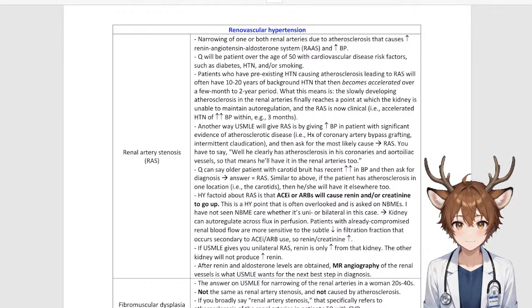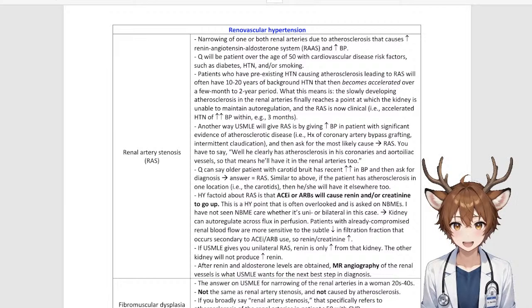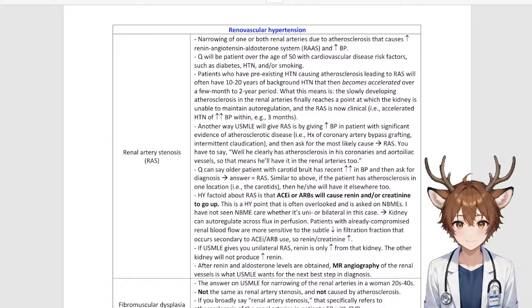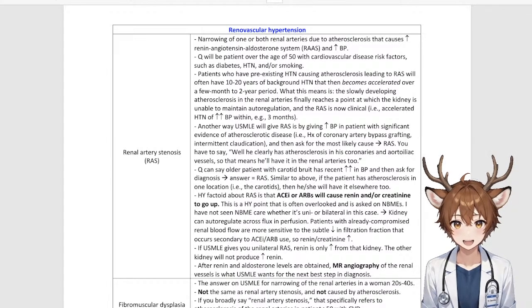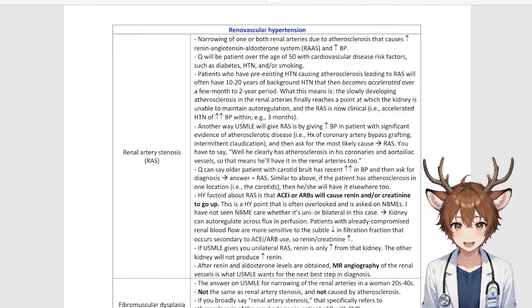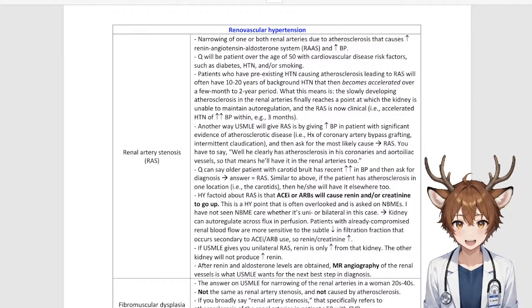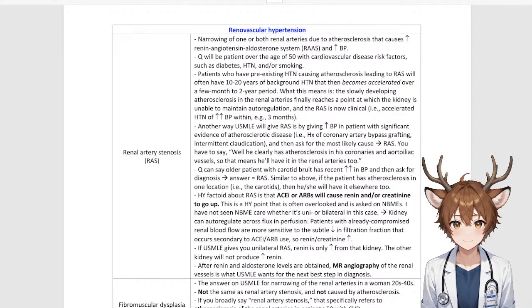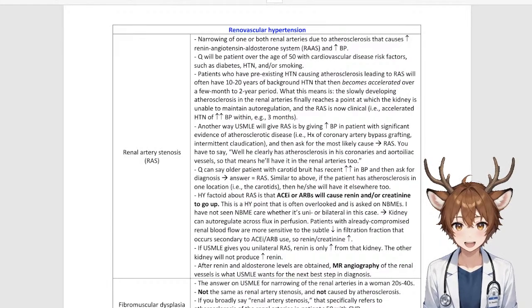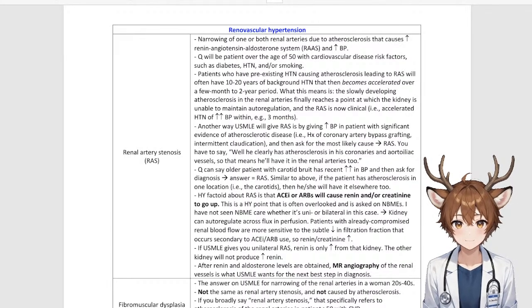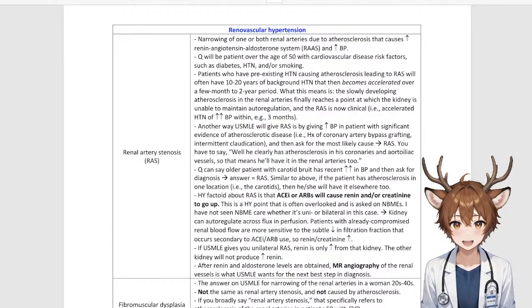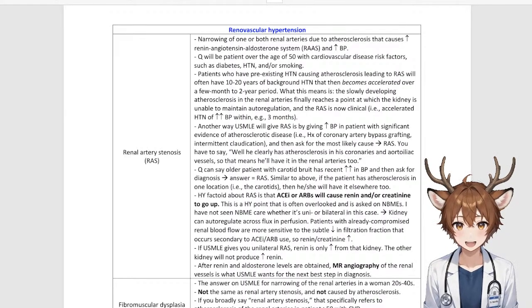Question will be a patient over the age of 50 with cardiovascular disease risk factors such as diabetes, hypertension, and/or smoking. Patients who have a pre-existing hypertension causing atherosclerosis leading to a RAS, in this case renal artery stenosis. So don't confuse renin-angiotensin-aldosterone system RAS with the renal artery stenosis RAS.